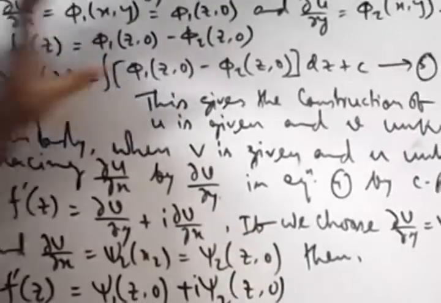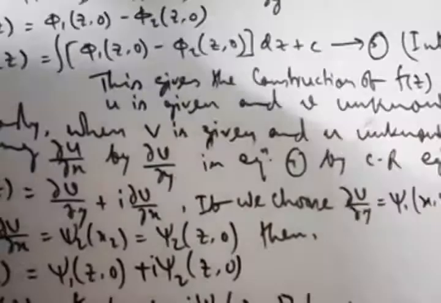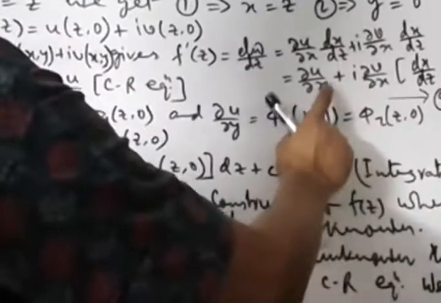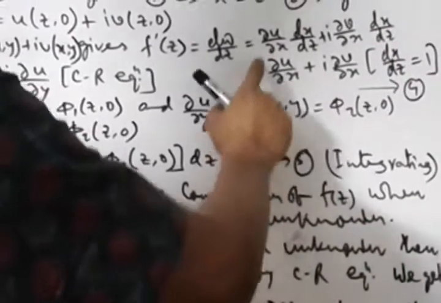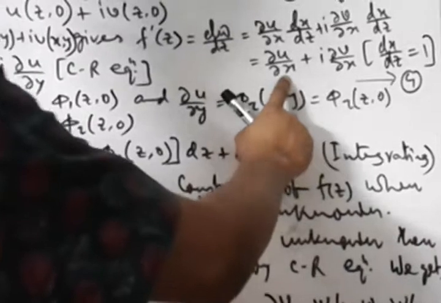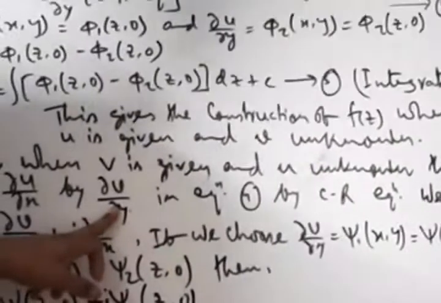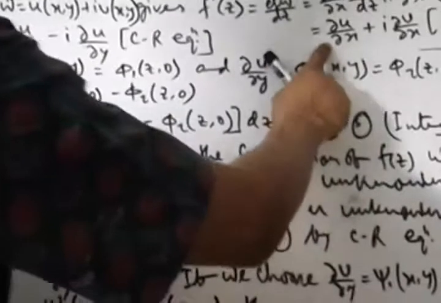Similarly, by following the same process, when v is given and u is unknown, then by replacing del u by del x, here comes equation number 4. If we replace del u by del x by del v by del y according to the CR equation, in equation number 4 we get f prime z is equal to del u by del x in place.